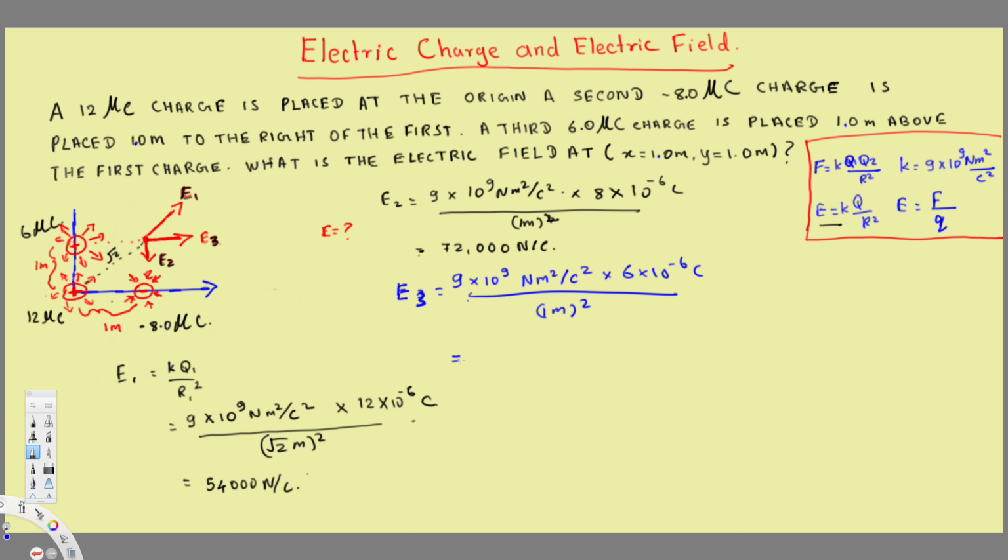And if you calculate this value, this one comes out to be 54,000 Newton per coulomb.